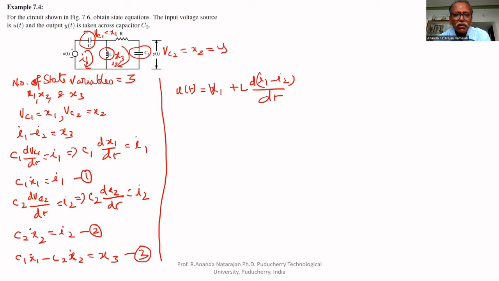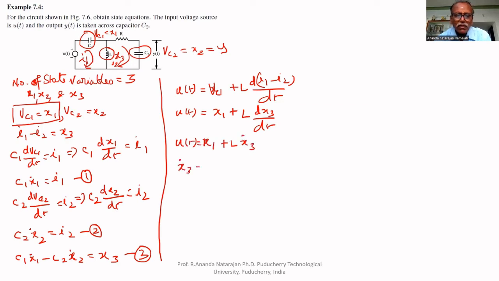This is VC1 plus L di by dt. But VC1 equal to x1, we assumed. Therefore, this can be replaced by x1 plus L dx3 by dt. That is u(t) equal to x1 plus L x3 dot.